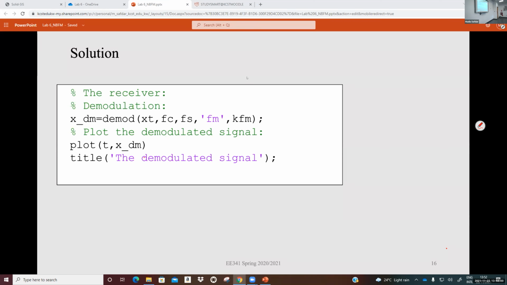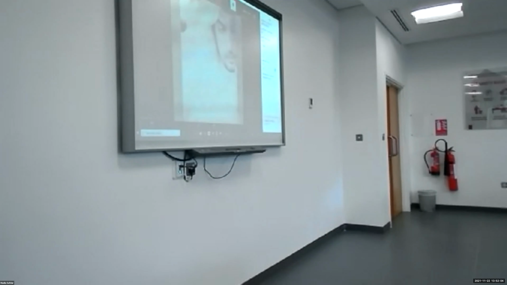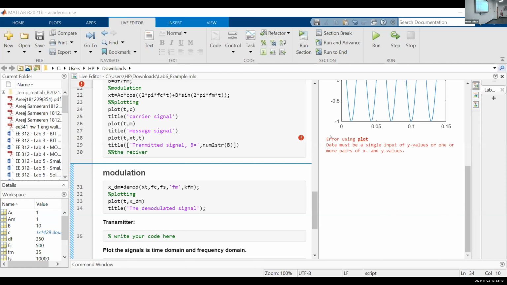Yes, Arij. Using this one must be a single input of file values. So here you are putting 2.